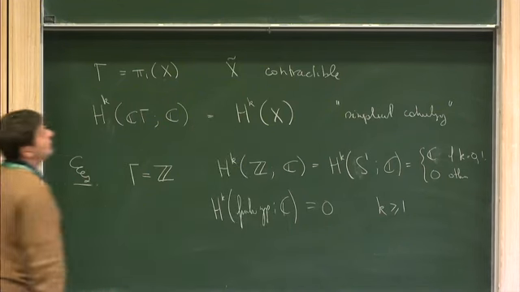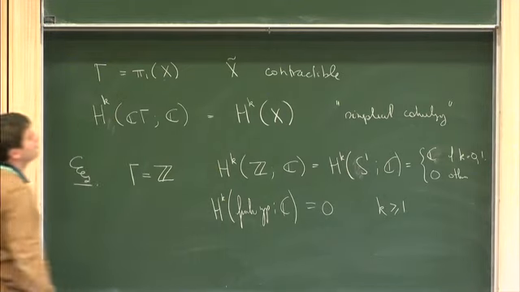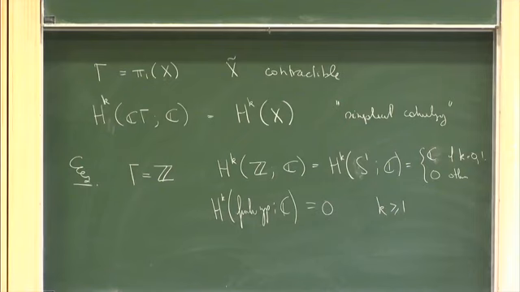Remarkably, there's another interesting and canonical choice of coefficients here. Of course, C is one natural choice of a module over a group, but there's another canonical choice of coefficients, and this goes into the subject of what's called L2 cohomology.